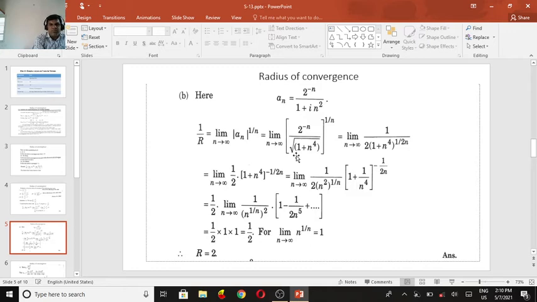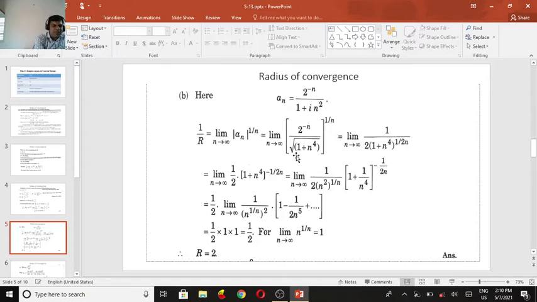So this is equal to the limit as n tends to infinity. If we simplify, we get 1 by 2 times (1 plus n to the 4) to the power of 1 by 2n. So again, if we apply the limit as n tends to infinity, 1 by 2 is a constant, and we take 1 by n to the 4, whole to the power of minus 1 by 2n.